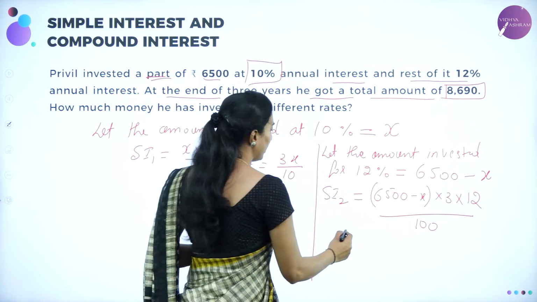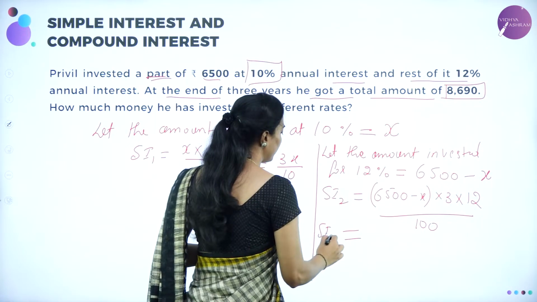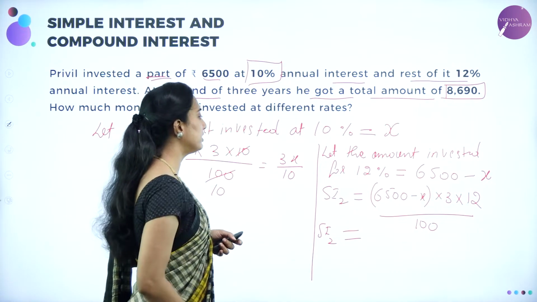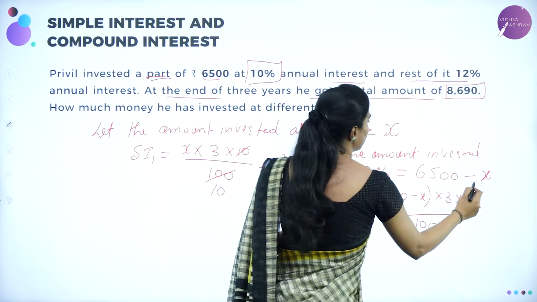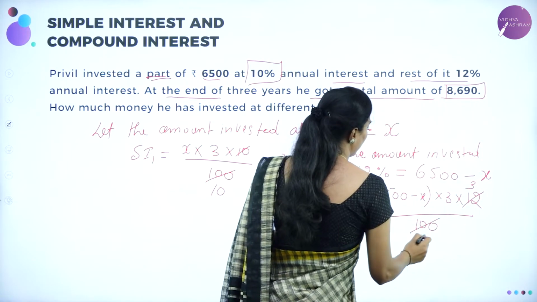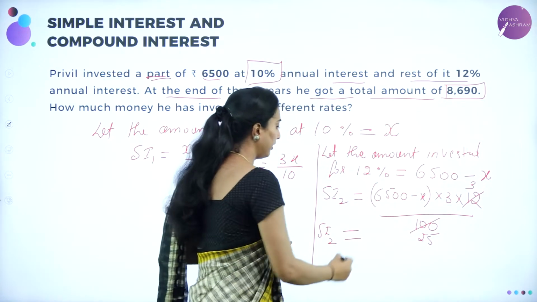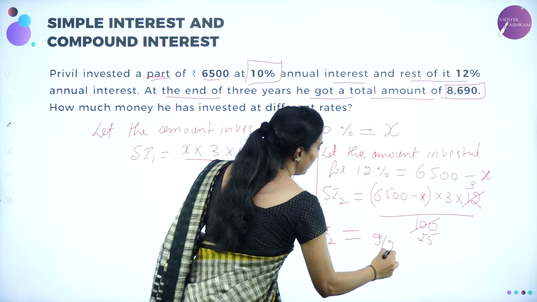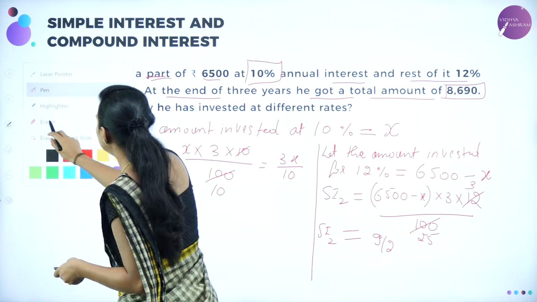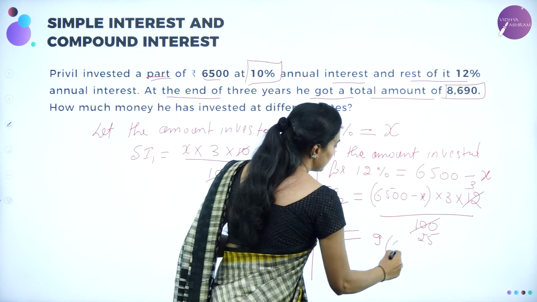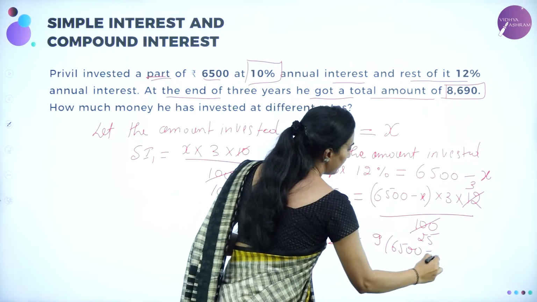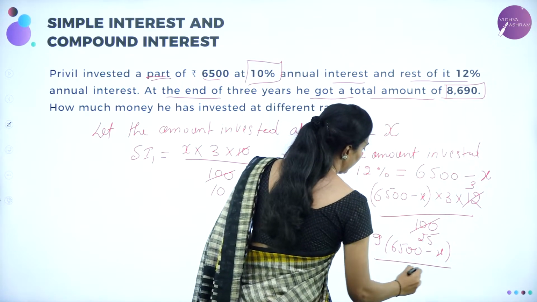Now the answer: 4 3s are 12, 4 25s are, so 3 3s are 9. So 9 into 6,500 minus X divided by 25.